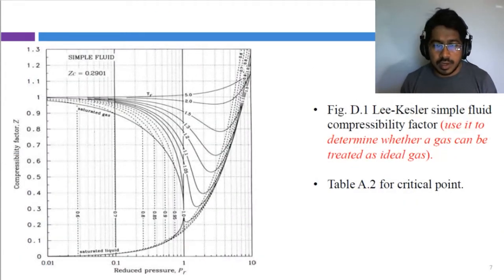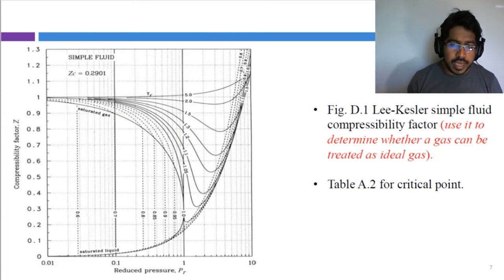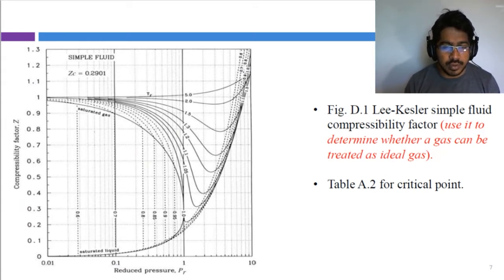Now, the Lee-Kesler simple fluid compressibility factor chart. We can use this to determine the compressibility factor, and this graph is what you will be dealing with in your exams. If you go to Canvas and under important documents, you will see compressibility factor.